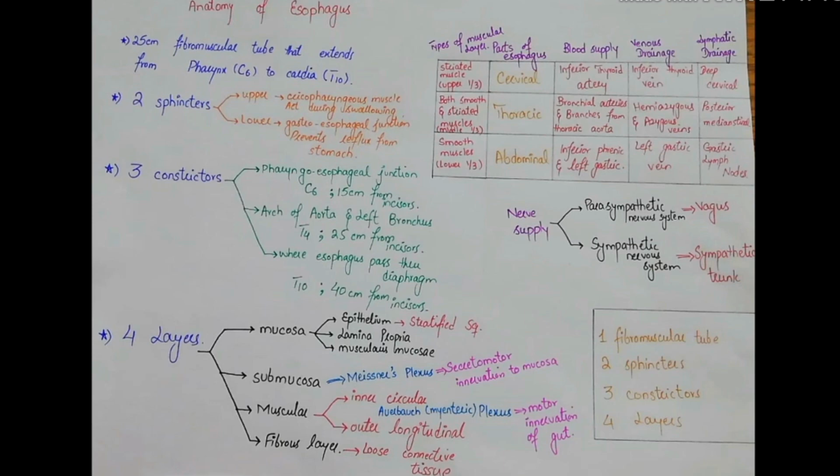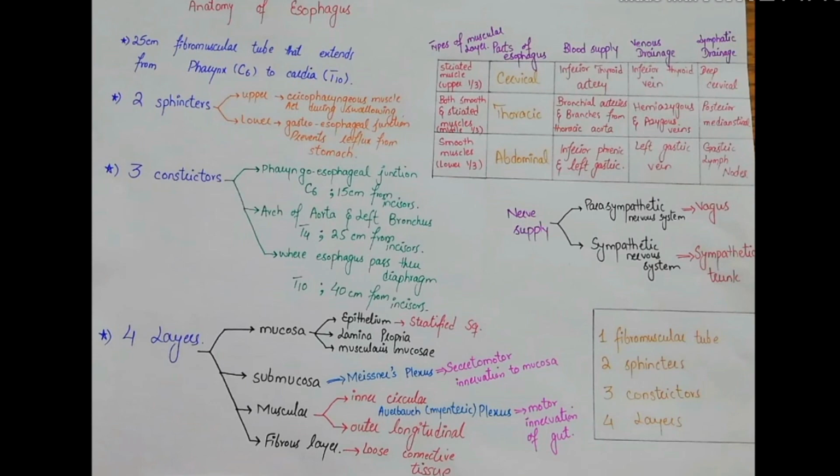It's an easy way to remember them, as they have the same name, with just the difference of the word artery and vein. Then comes the lymphatic drainage of this part. It is deep cervical. So again, the common word cervical: the part is drained by the deep cervical lymph nodes.